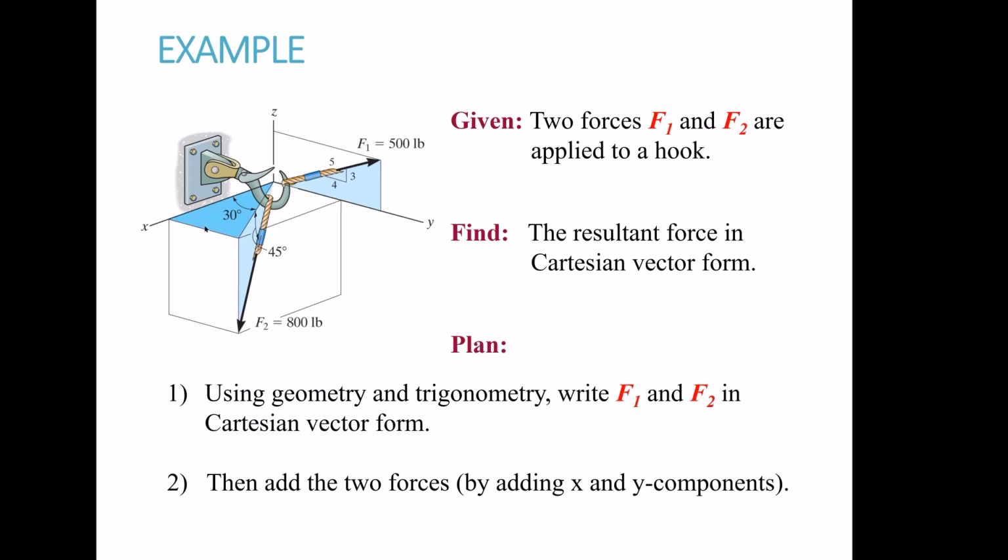Sometimes it's hard to visualize these 3D problems, but it could be that the information is given in this fashion, okay? What you recognize here is that 30 degrees is between the x-axis and the vector here. That is, like I said, an intermediate vector that's in the xy plane, okay?